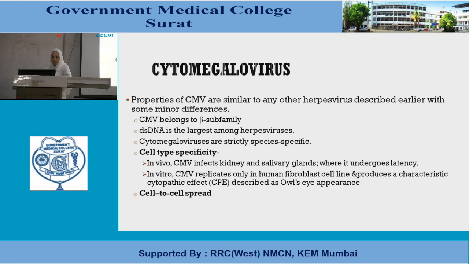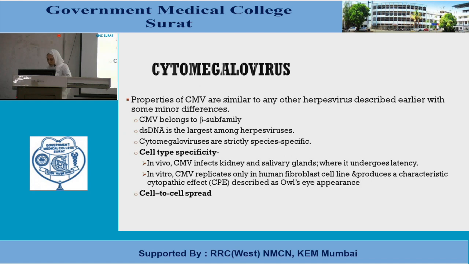Cytomegaloviruses are species-specific. If you see the cell type specificity in vivo, CMV infects kidney and salivary glands, where it undergoes latency. While in vitro, CMV will replicate only in human fibroblast cell lines and produce a characteristic cytopathic effect described as owl's eye appearance.